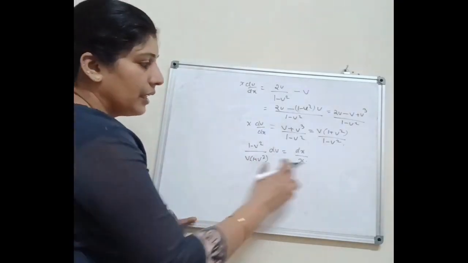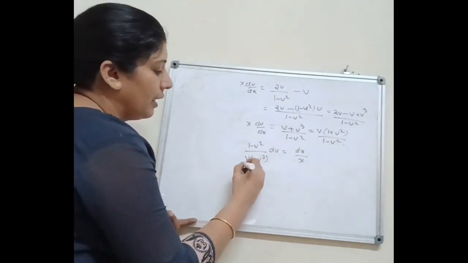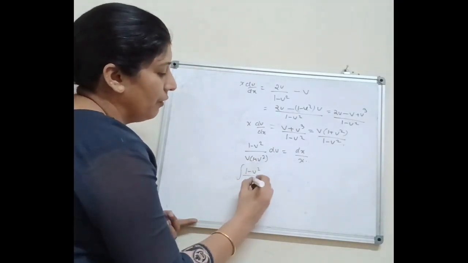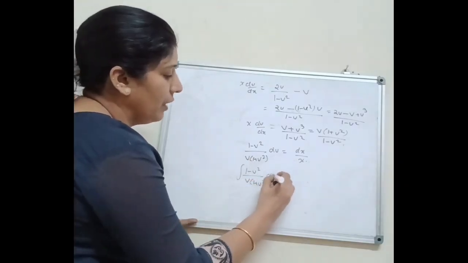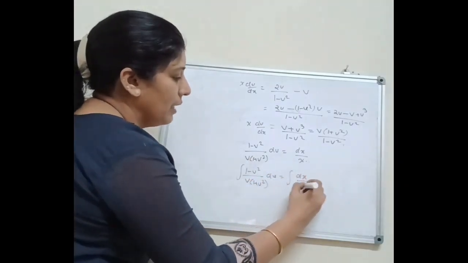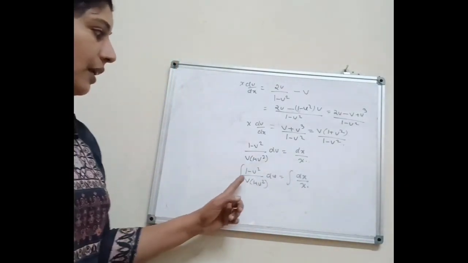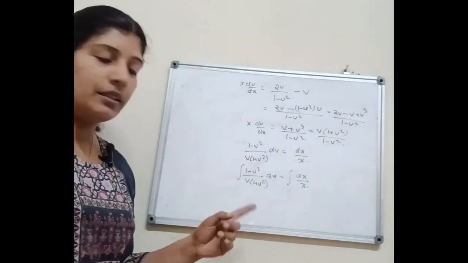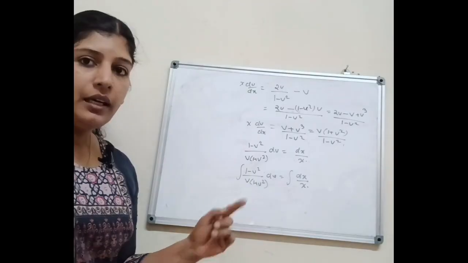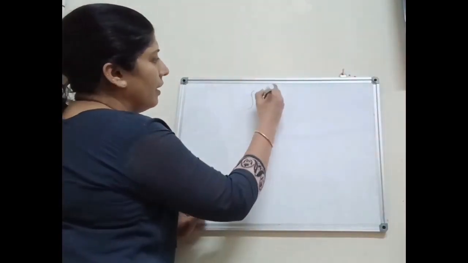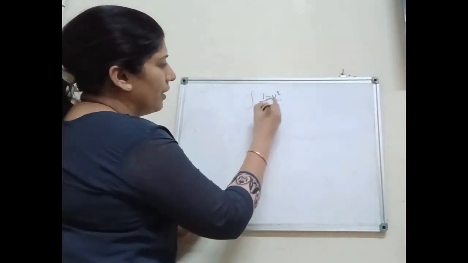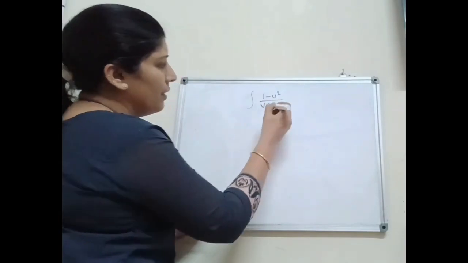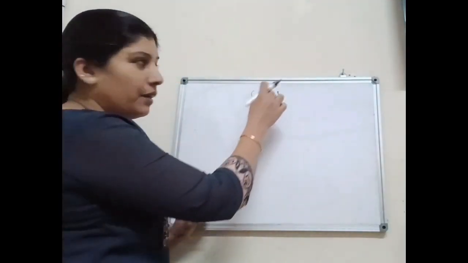Next, we integrate on both sides: ∫(1 − v²)/[v(1 + v²)] dv = ∫dx/x. Here the LHS, ∫(1 − v²)/[v(1 + v²)] dv, is an improper integral.